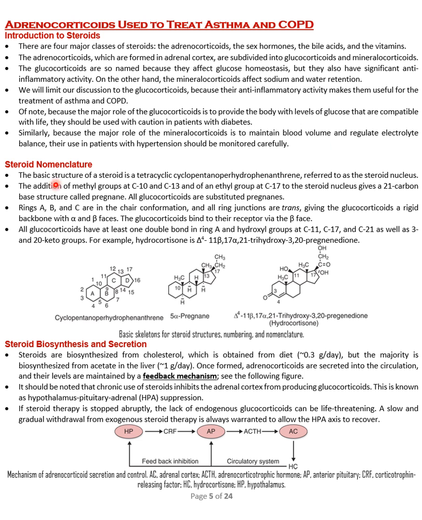Let's talk about the steroid nomenclature. Basically, all steroids are composed of this nucleus, which is four rings connected together. One of them is a five-membered ring. In the case of the glucocorticoids, they have a CH3 at position number 10, another methyl at position number 13, and an ethyl group at position 17.